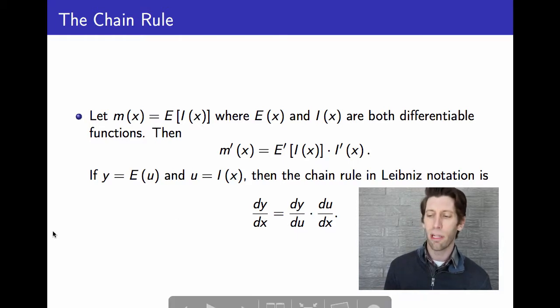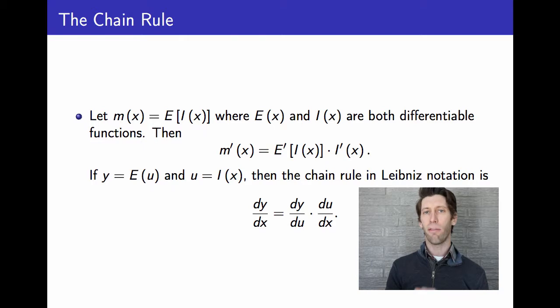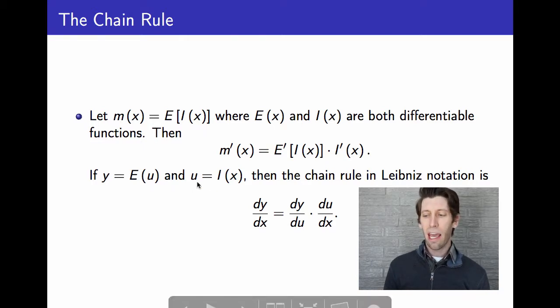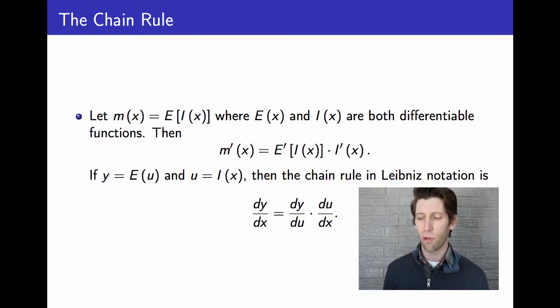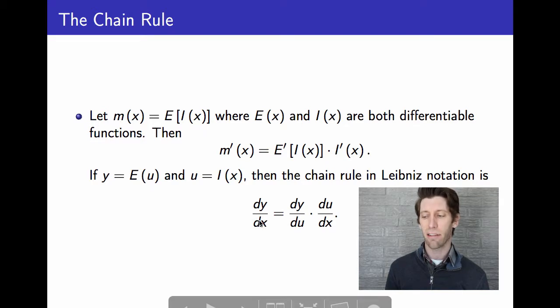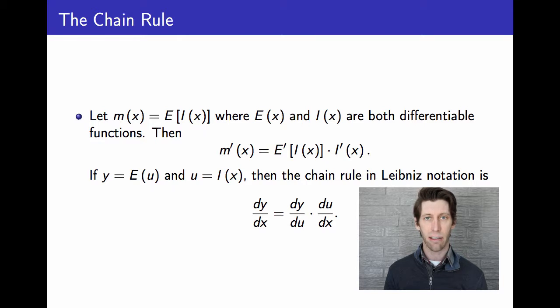If we're going to use Leibniz notation, we can let y be the exterior function, but this time we're going to change the independent variable to a u. And then in turn, u is itself a function of x, so u equals I of x. Then the chain rule in Leibniz notation is dy by dx equals dy by du times du by dx.